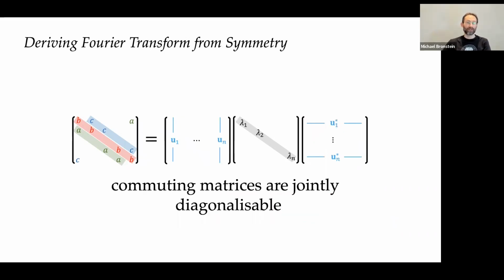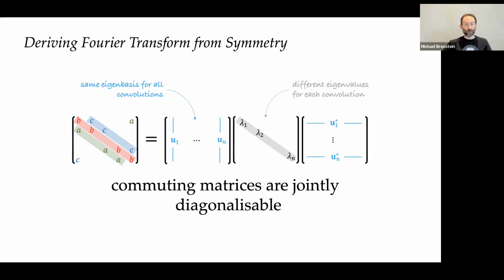So here's another nice thing. We know from linear algebra that commuting matrices are jointly diagonalizable. So they have the same eigenspace, which is slightly cheating, but nevertheless it works here because we don't have multiplicity of eigenvalues. We can find a common basis in which convolutions amount to pointwise products, so they become diagonal matrices.